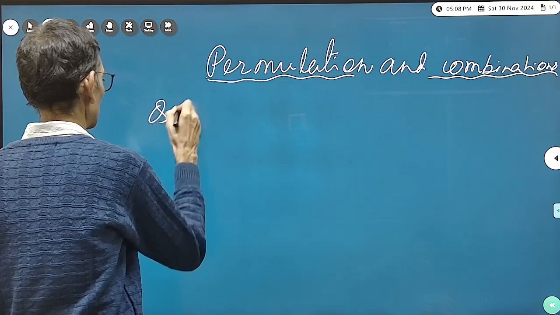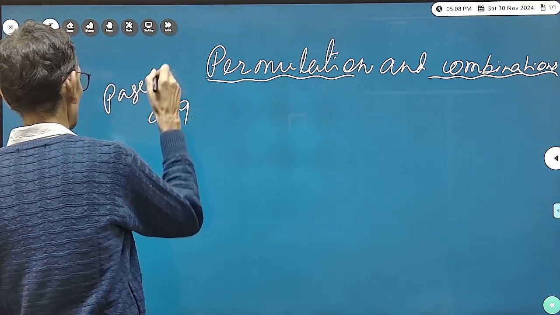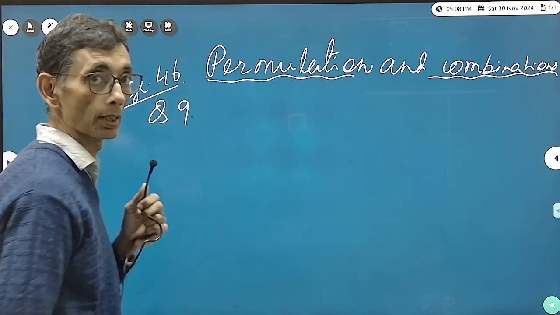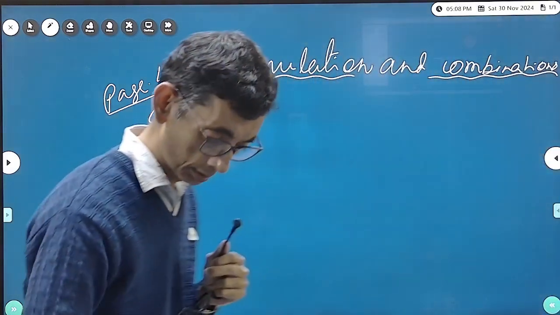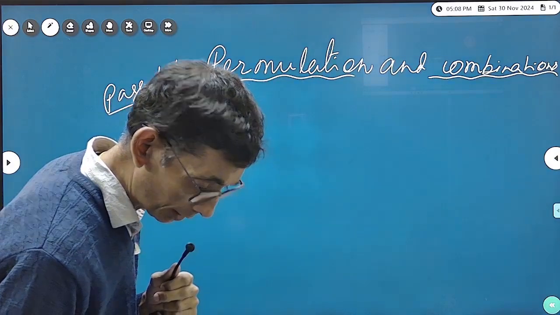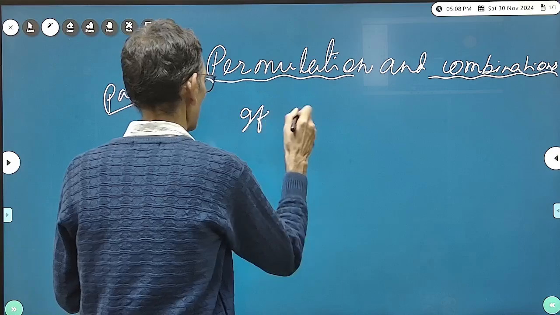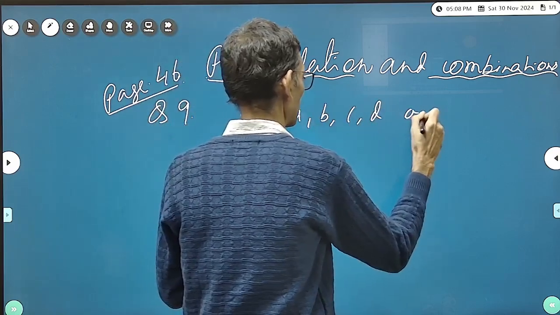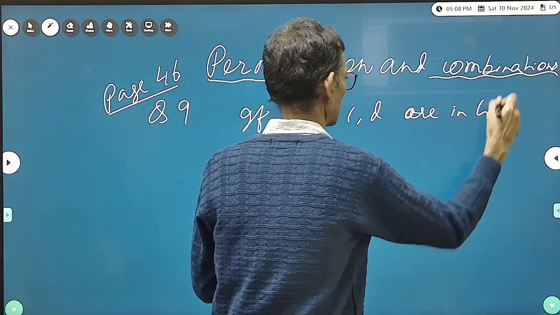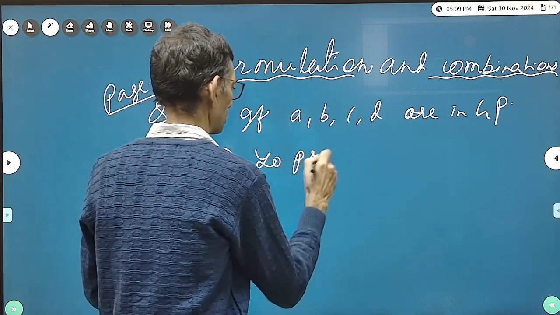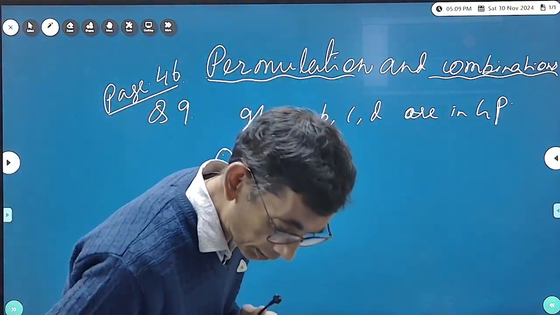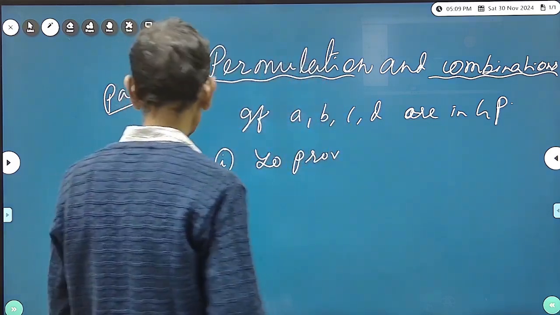If A, B, C, D are in GP, then we have to prove this. These are the options, right?